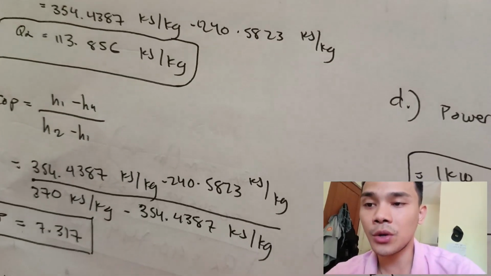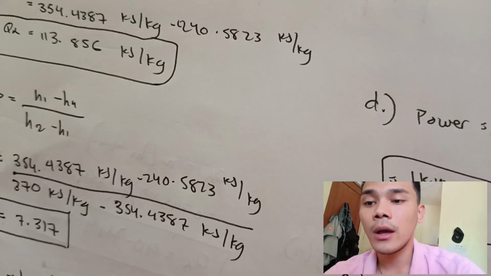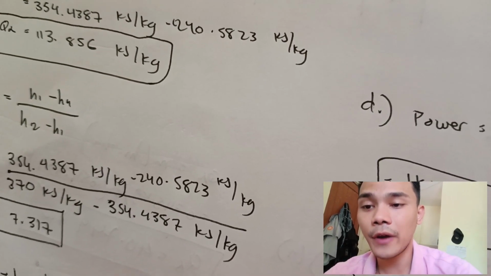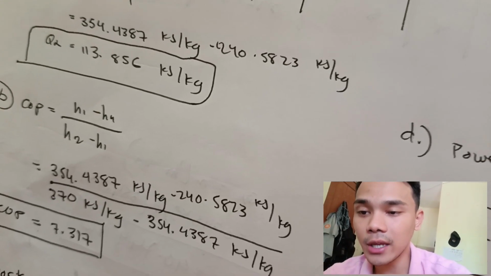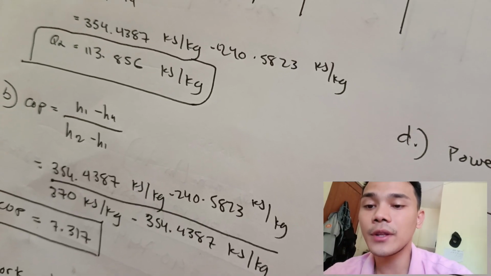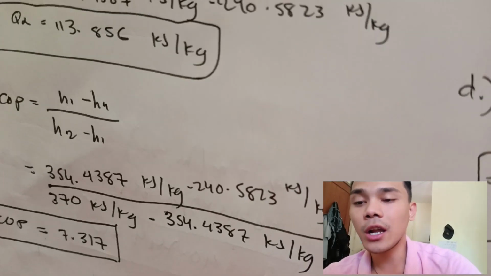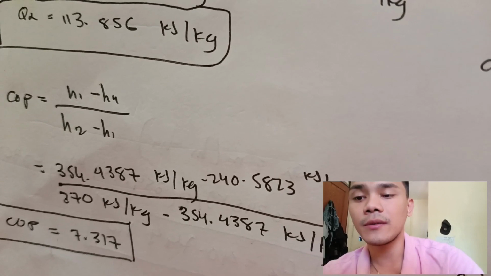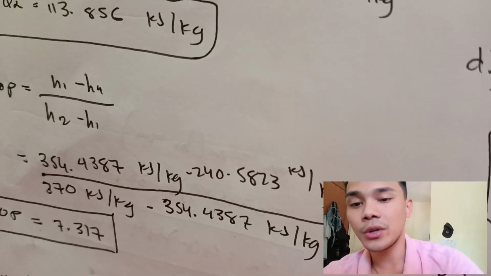So, ang atong H1 is 354.4387 kilojoules per kilogram and minus our H4 na 240.5823 kilojoules per kilogram over our H2 na 370 kilojoules per kilogram minus 354.4387 kilojoules per kilogram ang atong H1. So, ato siya gi-calculate, then ang atong answer diri our COP is 7.317. So wala na siya unit kay cancel, then ang COP wala dyan na unit.